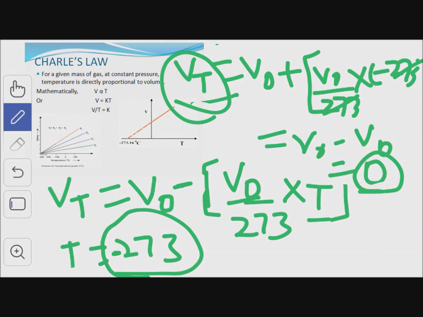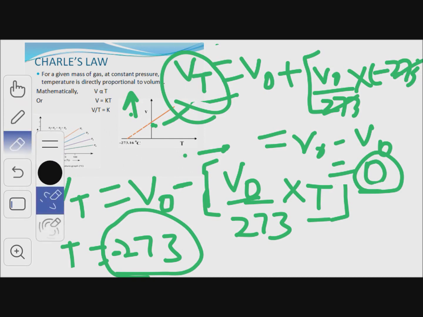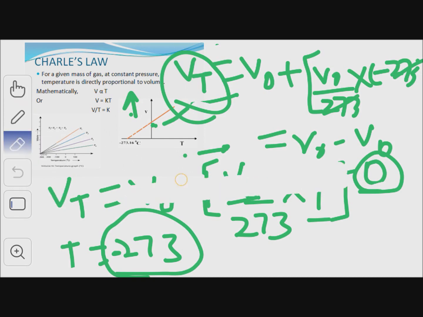And if we plot a graph between volume and temperature, here this point represents some initial volume, and when we increase the temperature, the volume of the gas also increases, and this solid line represents the increase in volume of the gas.